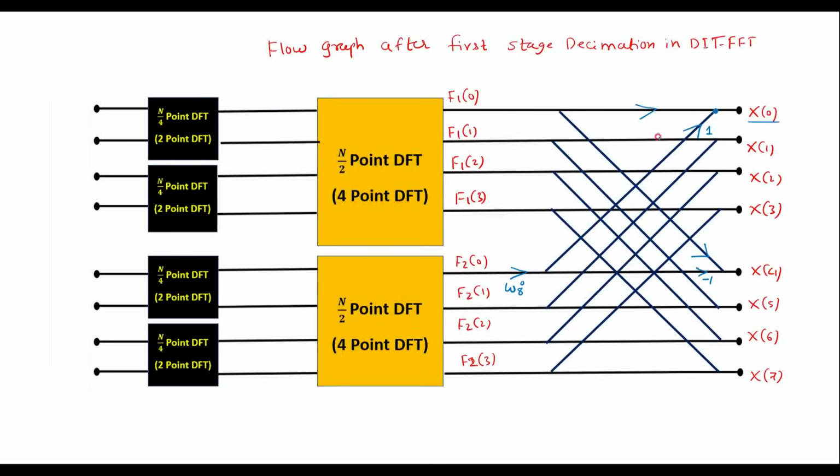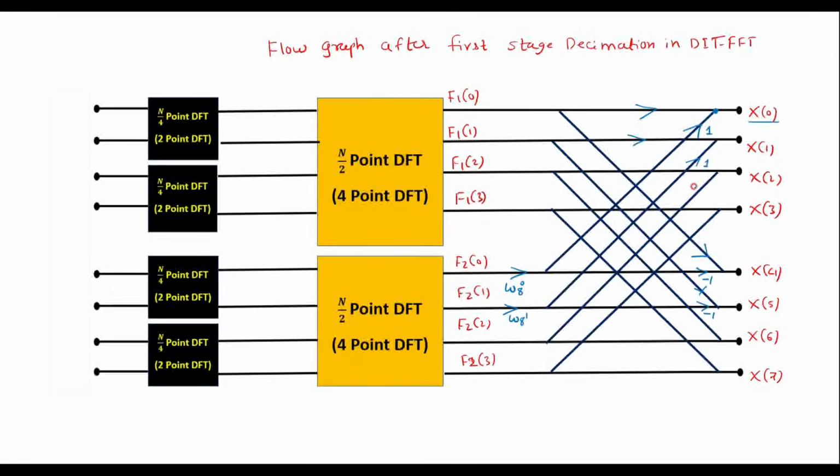Similarly, this is x of 1, f1 of 0 plus w8 power 1. This signal goes here, and similarly for x of 5, this signal, and this will be minus 1, this will be plus 1.